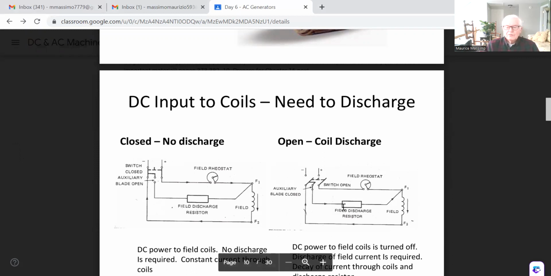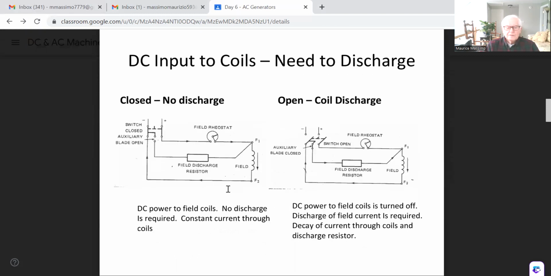Okay, you've got a discharge resistor here that slowly leaks out the current. Okay, leaks out that current to ground, all right, so that you don't create a large spark. And you can regulate that somewhat also using a field rheostat as well.